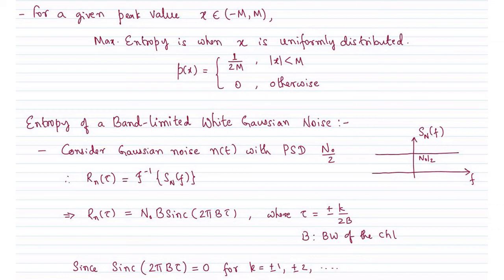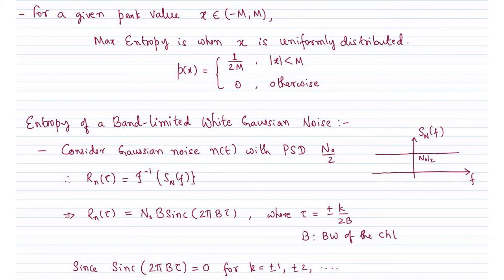So for all frequencies, I can say S_n(f), which is the power spectral density, is constant with a magnitude of N0 over 2. Then I can find the autocorrelation function R_n(tau), which is the inverse Fourier transform of S_n(f).